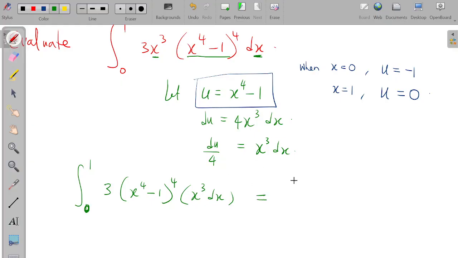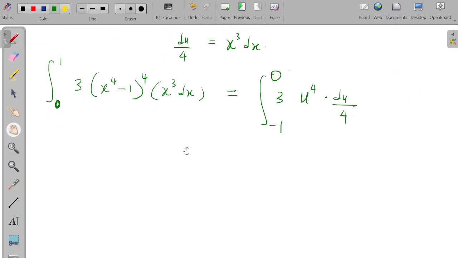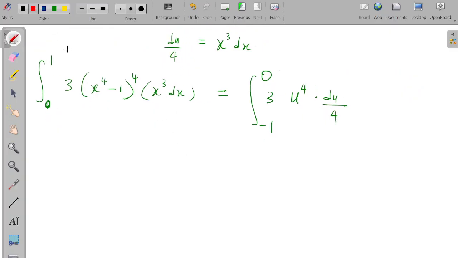So it becomes, I'm changing to u now, 3 u raised to power 4 multiplied by this becomes my du over 4. Okay, now I put the limit. The limit is no more 0 to 1. The limit is now negative 1 to 0. That is the limit now. Please take note of that.